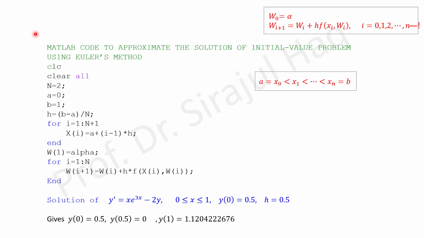So if you use this computer code, this will give you the solution at x is equal to 0, x is equal to 0.5, and x is equal to 1. I didn't write that in detail. I leave it for you to do the calculation yourself and get the solution with the help of this MATLAB code.